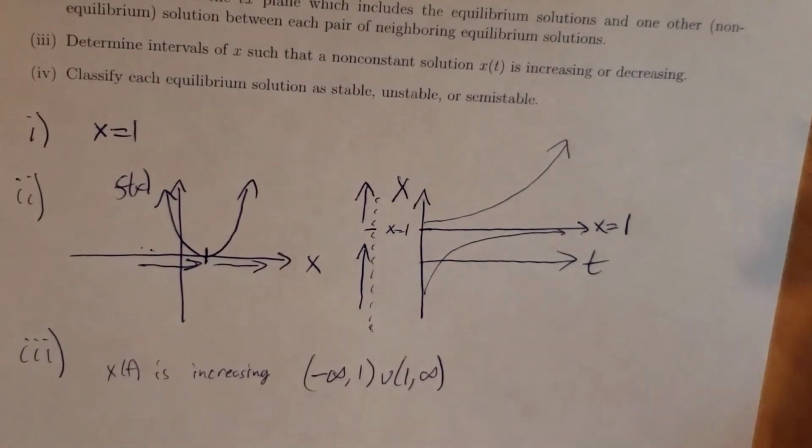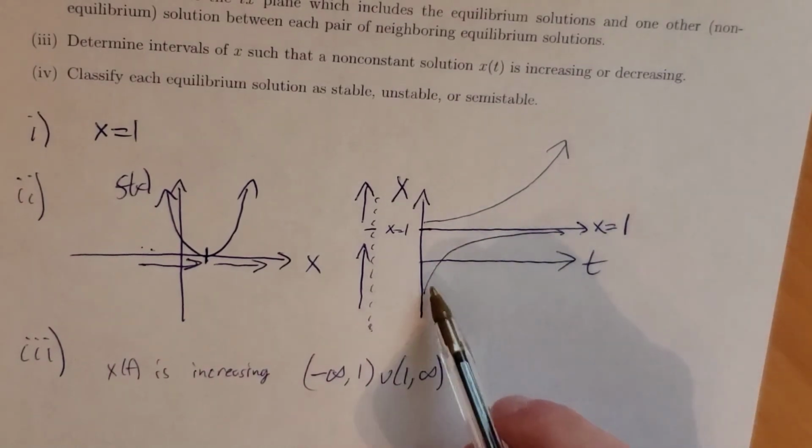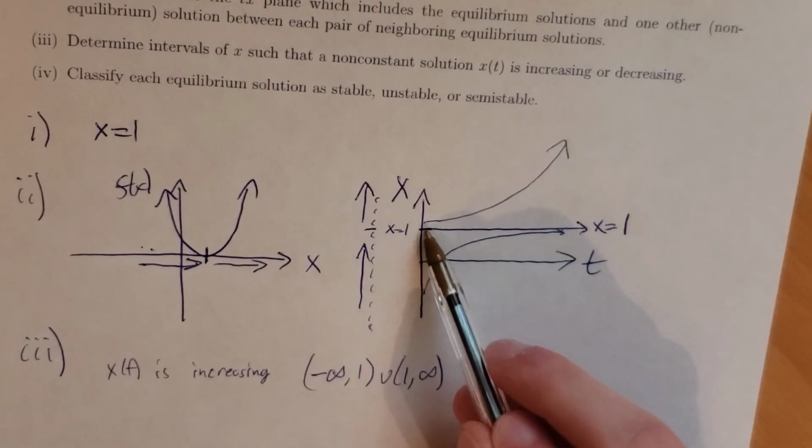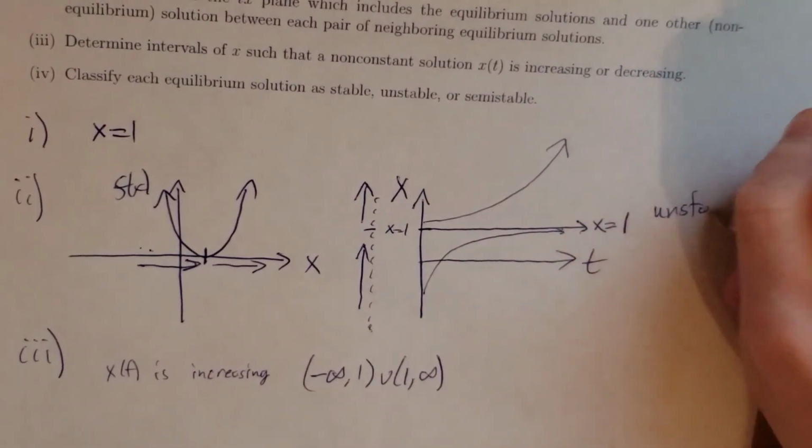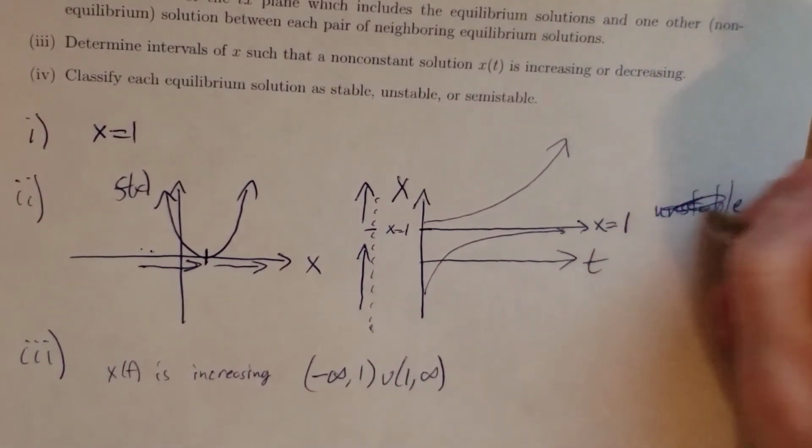And furthermore, the last thing is to classify each of these equilibrium solutions as stable, unstable, or semi-stable. Well, on one side we are approaching the solution, on the other side we are moving away from the solution. So this solution is semi-stable.